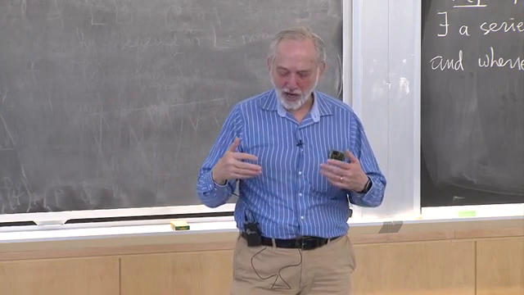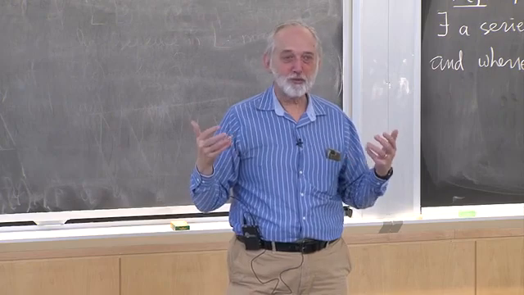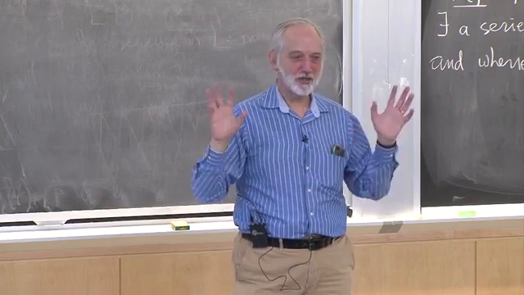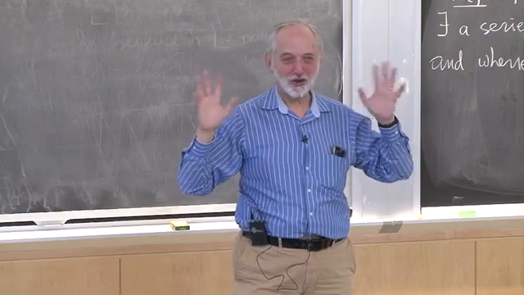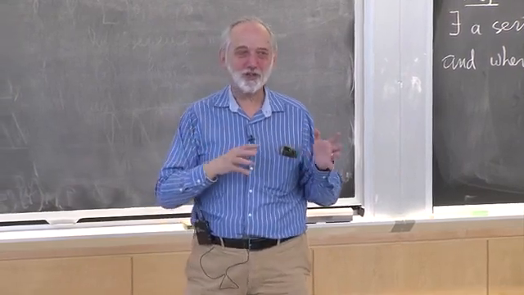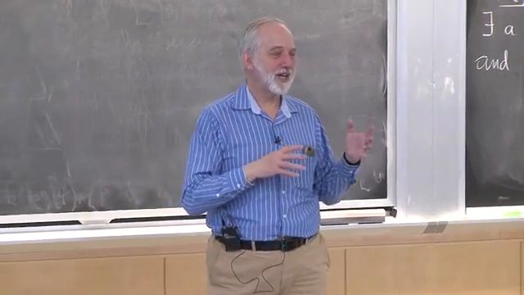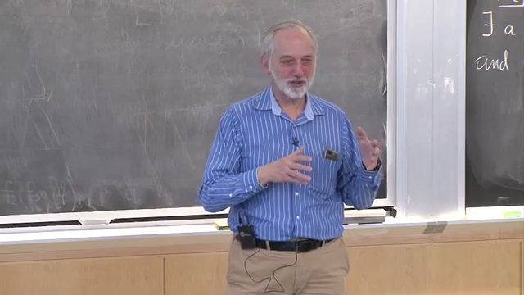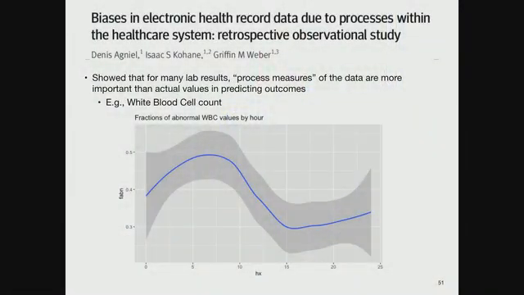And so I said, well, I wonder if I could reproduce that study in the MIMIC database. And the answer, just in case you get your hopes up, was no. In large part because we just don't have the right kind of data. So there are not that many white blood counts that were measured in the MIMIC database, for example. But if you look at this MIMIC data, and if you say, what's the fraction of abnormal white blood count values by hour?